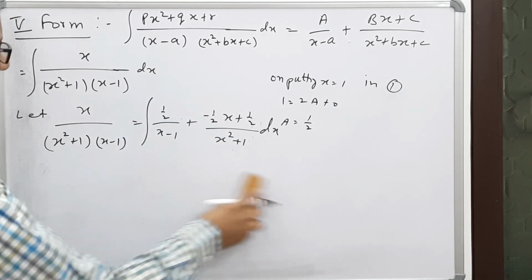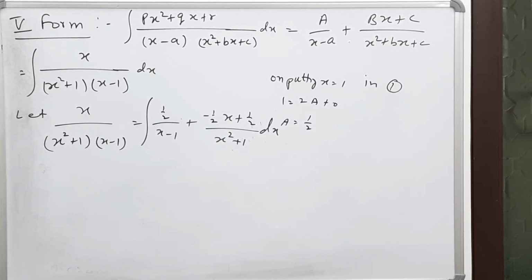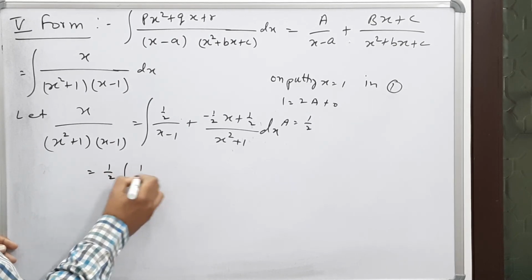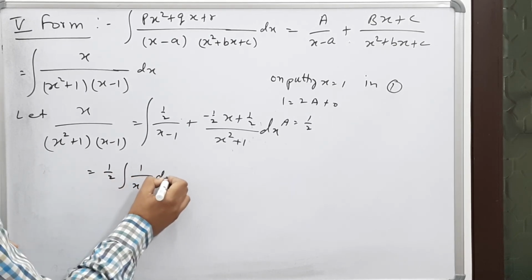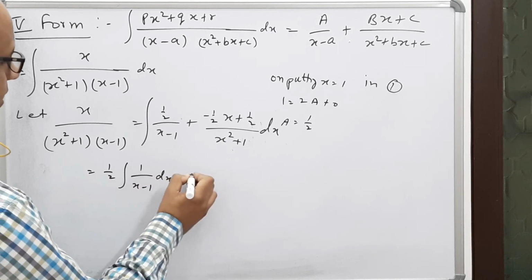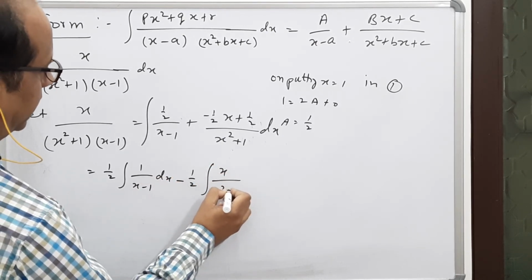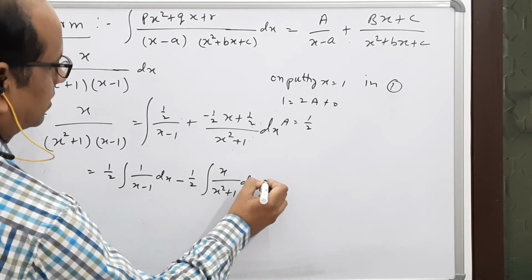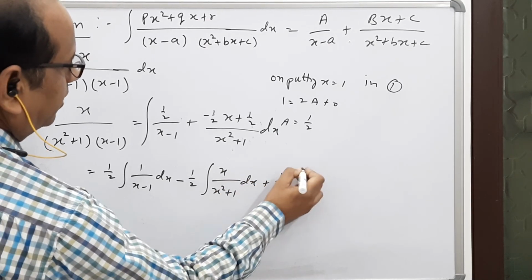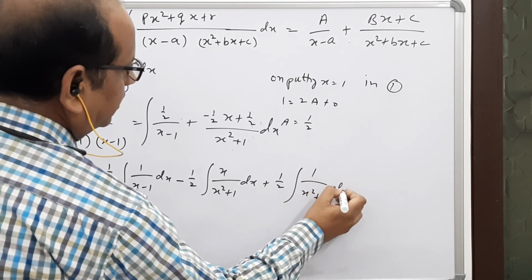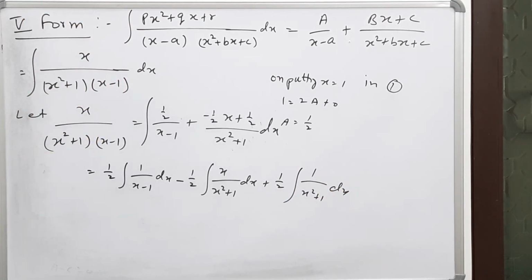So when you integrate, see nicely, it is (1/2)∫1/(x − 1) dx − (1/2)∫x/(x² + 1) dx + (1/2)∫1/(x² + 1) dx. We have converted this into three subparts.